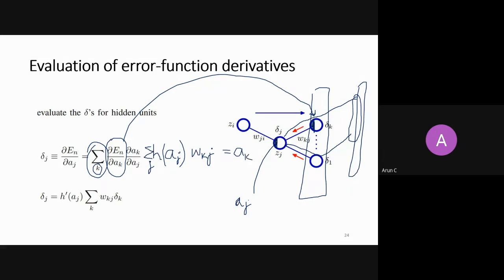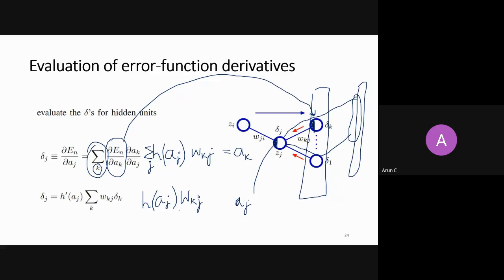So now if I take the derivative of ak with respect to aj, what will happen? First I need to pick the term which has aj. So this is h of aj times wkj, through the non-linearity. This is the only term which remains, otherwise the rest of the terms go to zero because they are constants.